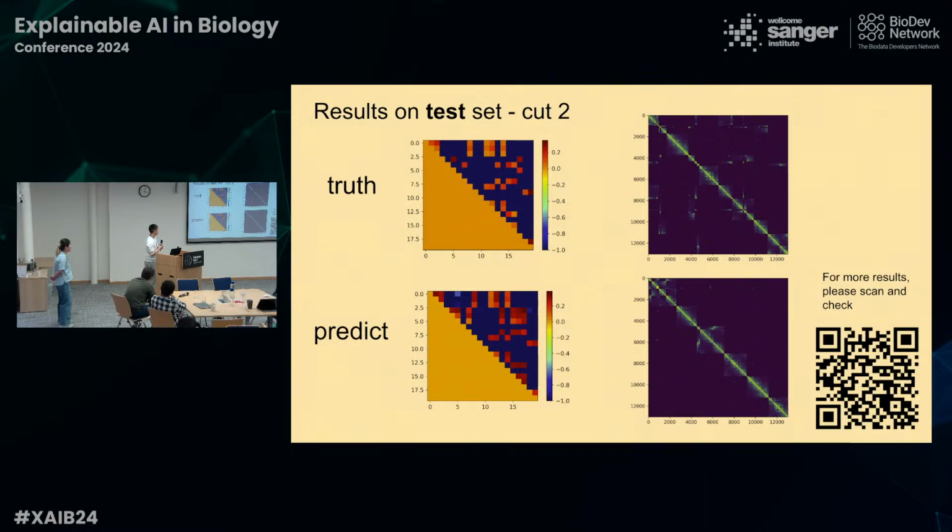But in some details, it cannot solve all of the problems. But currently, the model is working now. So we can see all of the small fragments have been joined into a big chromosome. What our curators still need to do is to adjust the direction of the small fragments.